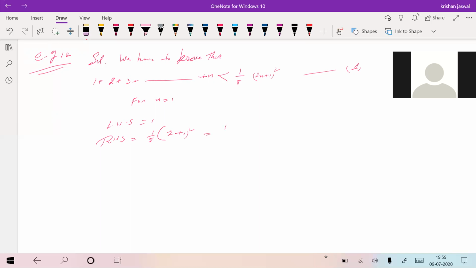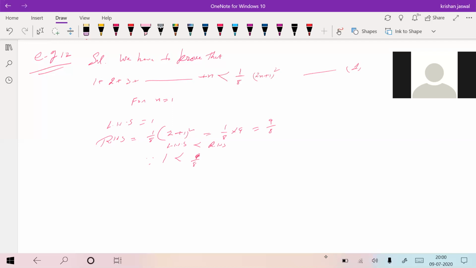We can write 1 over 8 into 9, that is 9 over 8. The left hand side is less than the right hand side, because 1 is less than 9 over 8.